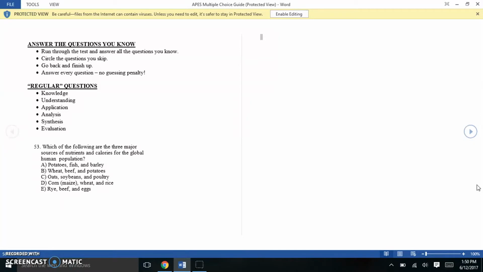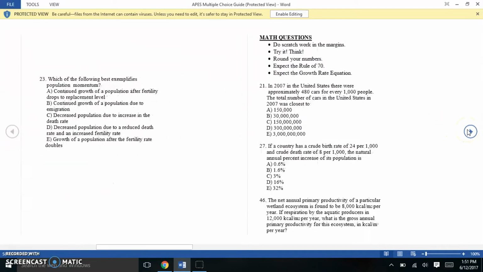Here's one example. Which of the following are the three major sources of nutrients and calories for the global human population? You have five possible answers, and you will have to sit there and think and break that down, unless you already have the knowledge that you instantly know that answer, and you can move on. So there is one sample.